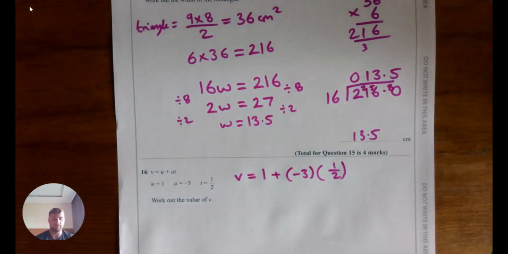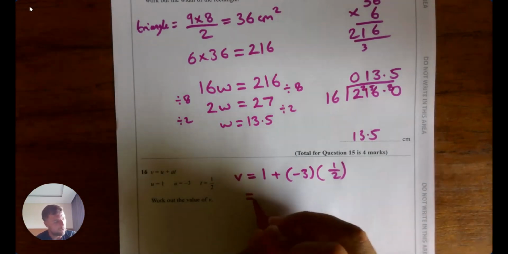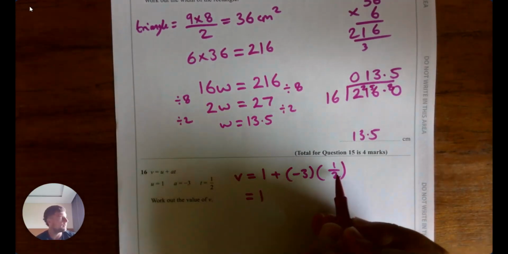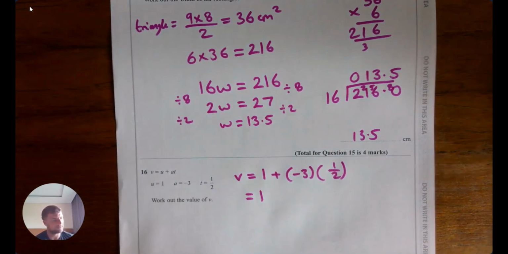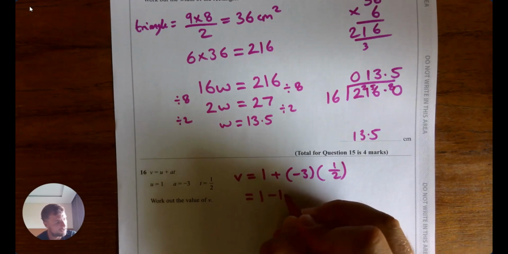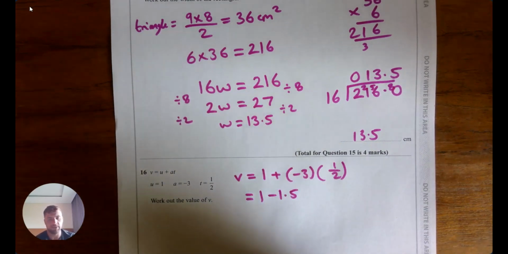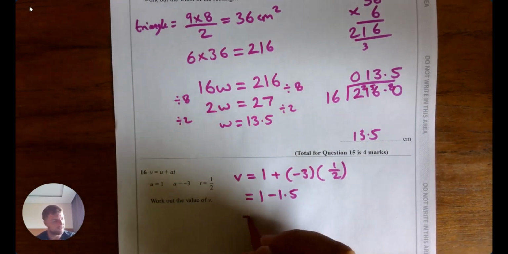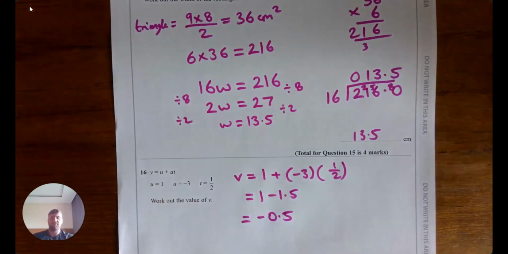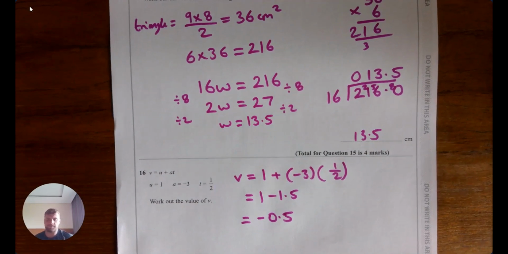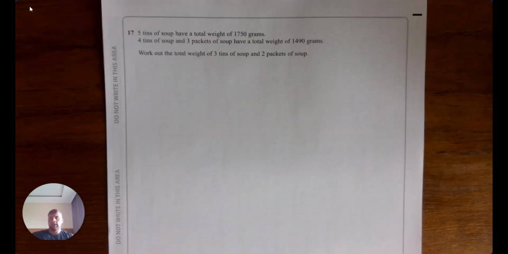So actually just writing them in brackets, 1, and then you've got -3 times a half. 3 times a half is 1.5, so -3 times a half is -1.5. So then we're dealing with 1, take away 1.5, the difference is 0.5, but 1.5 is bigger, so it'd be -0.5 for our answer for that.